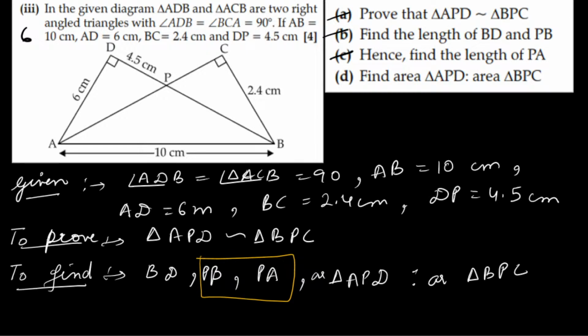So BP should be equal to 3.5. Okay, we'll check one second. By Pythagoras theorem we get 8 centimeter, but here we are getting 7.5 centimeter. That means BP's value we have to check once again.